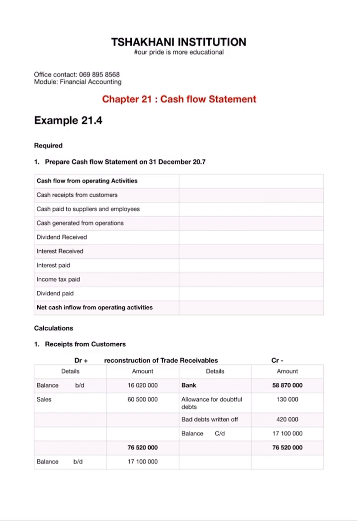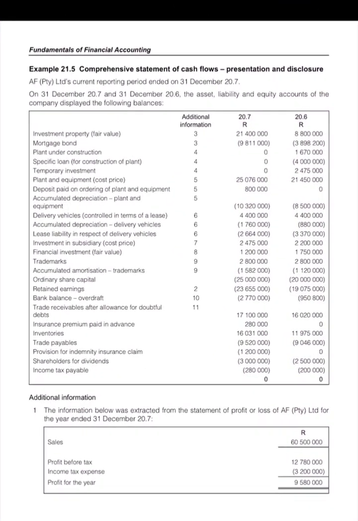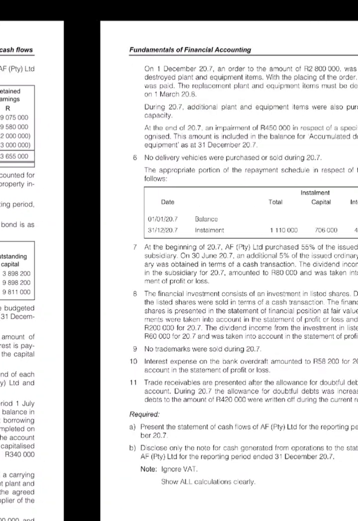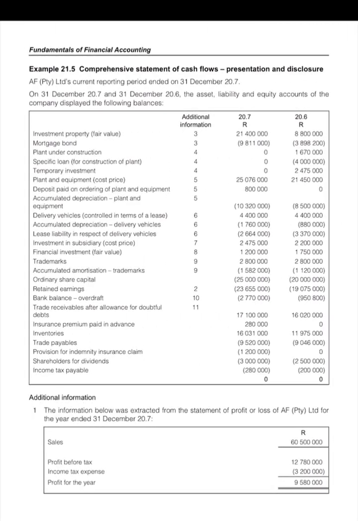And then we need to check where our sales are. When it comes to the sales, make sure that you consider whether there's an adjustment or not. When we check in our activity, the sales is affected by the first adjustment. They said the information below was extracted from the statement of profit or loss, where we have the sales, the profit before tax, income tax, profit for the year.